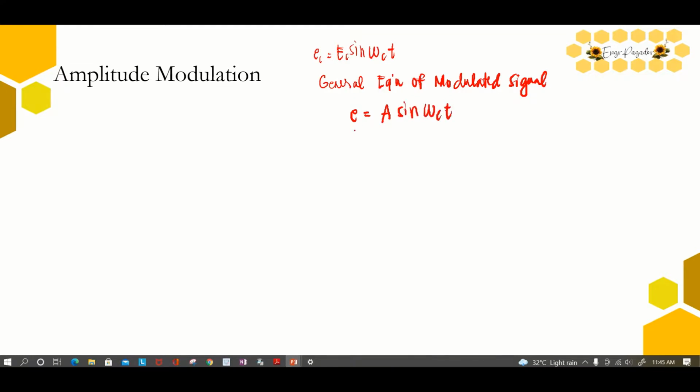So the E is the instantaneous voltage, the A is the amplitude, and omega is the angular velocity, which is equal to 2 pi f. This is our angular velocity, 2 pi f. And then this is our amplitude, the amplitude of the waveform. And E is the instantaneous voltage.